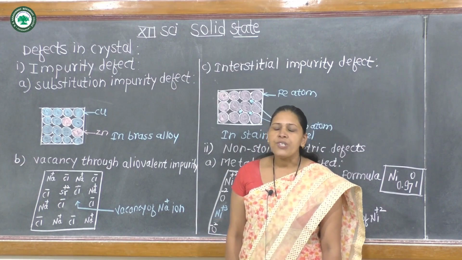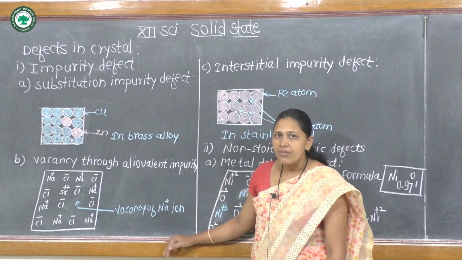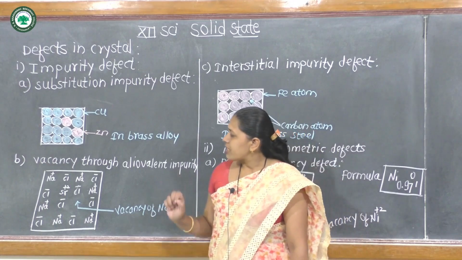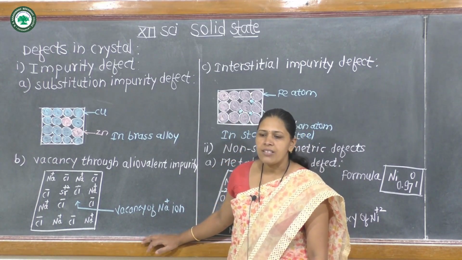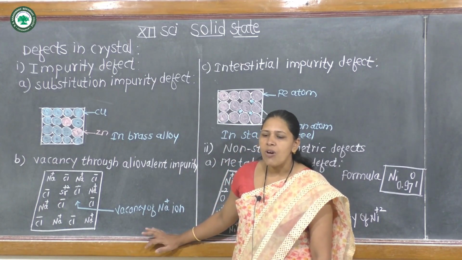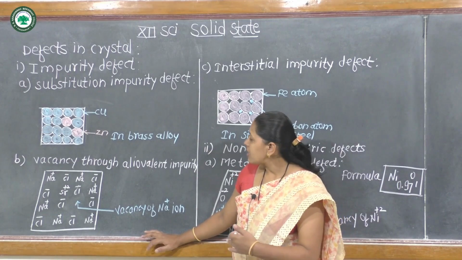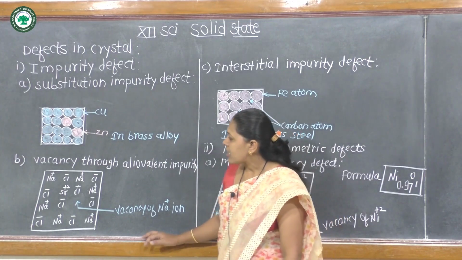Number of positive charges and number of negative charges are equal. In this defect, vacancies are created by the addition of a small amount of aliovalent ion of a different oxidation state.